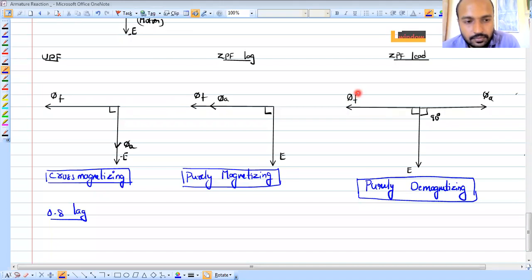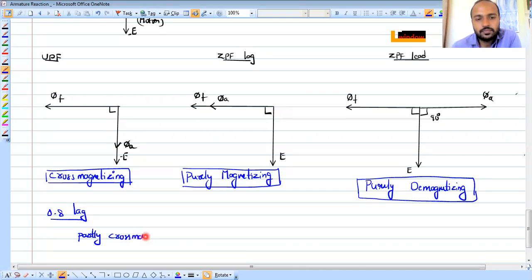Partly cross magnetizing plus partly magnetizing. Good. Whatever you said is right. So it will be partly cross magnetizing plus partly magnetizing effect.